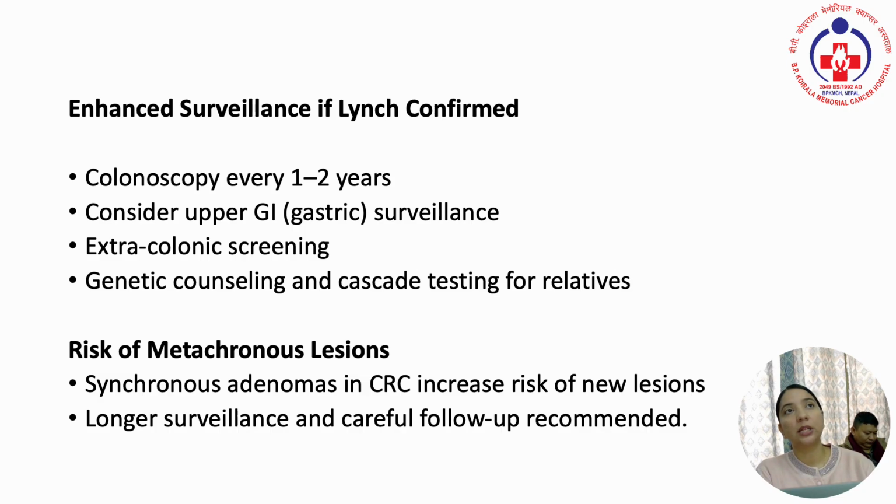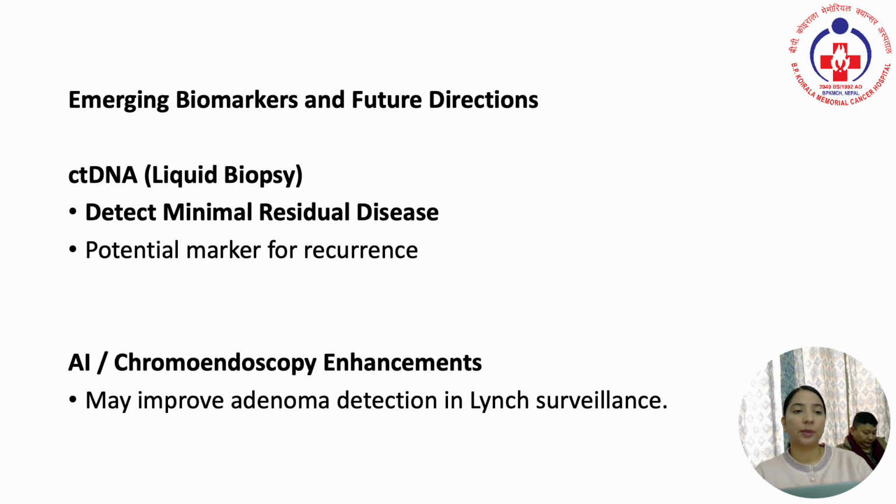And if the genetic testing also comes out positive, then genetic counseling and cascade testing for first-degree relatives can be done to rule out hereditary disease. Since there is a risk of metachronous lesions, synchronous adenoma with colorectal carcinoma increases the risk of new lesions. Thus, longer surveillance and careful follow-up may be recommended.